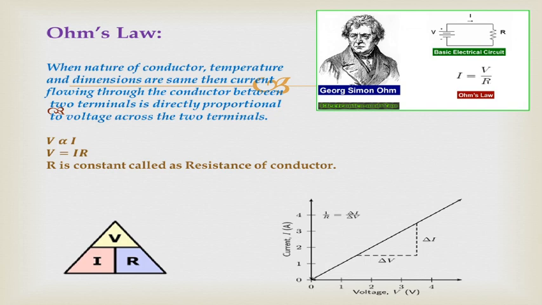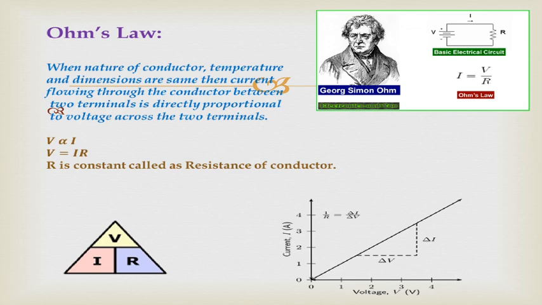He stated a simple statement: if the nature of the conductor, temperature, and dimensions are the same, then the current flowing through the conductor between two terminals is directly proportional to the voltage across the two terminals. If you look at the circuit diagram shown here, the current passing through the circuit is represented as I, and the supply voltage provided is V.